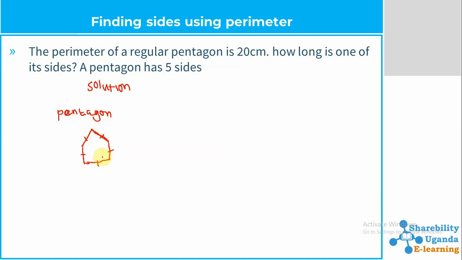So assuming this is our pentagon, it has 5 sides, but we have been given the perimeter here: P is equal to 20 centimeters.